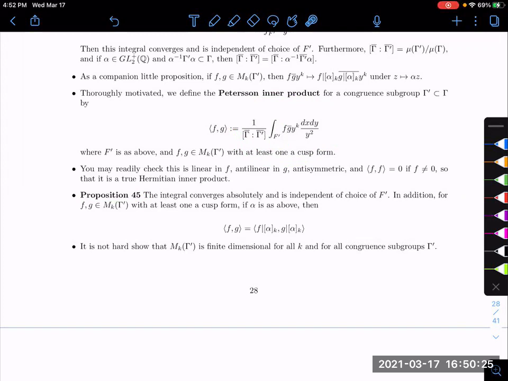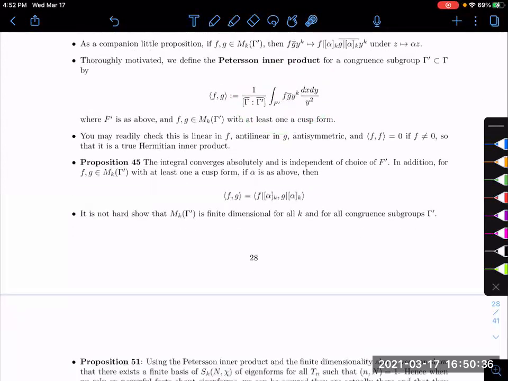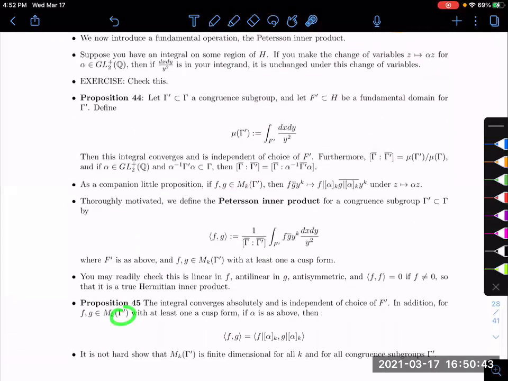And as a matter of fact, you start to get other things from this inner product that are reminiscent of properties of general inner products that you might expect from functional analysis. For example, let's say I have two functions f and g, modular forms for gamma prime.